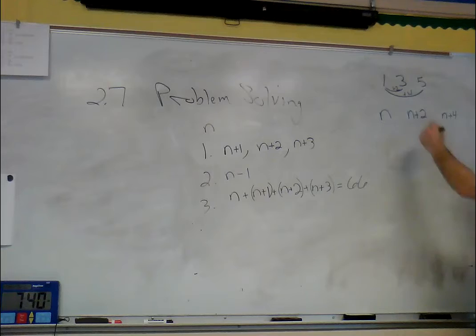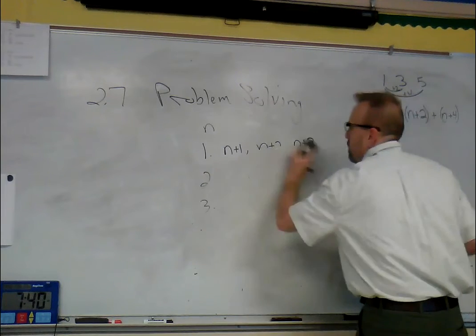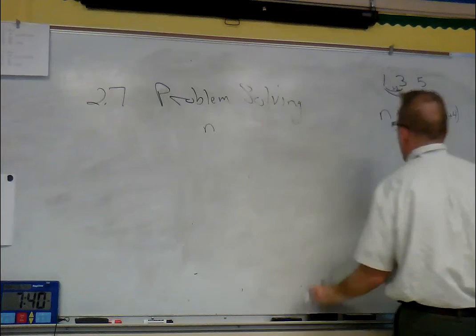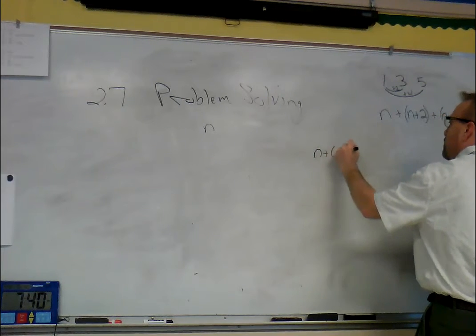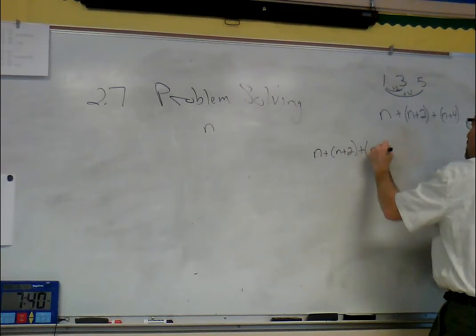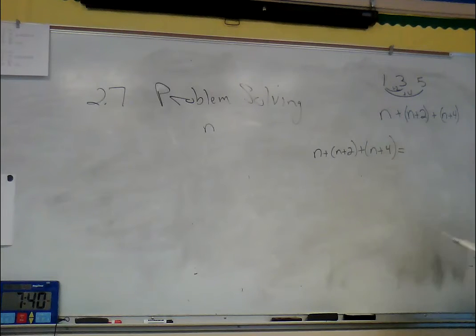So the sum of these. So again, we can add these. Is 100 more than the smallest integer? I'm going to rewrite this so we have some more room. n plus n plus 2 plus n plus 4 is 100 more than the smallest integer. What's the smallest integer here? n. More than, what operation?